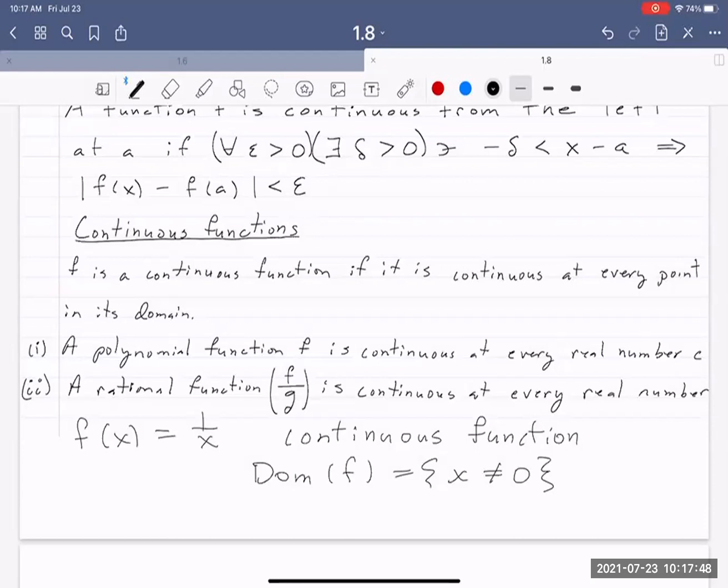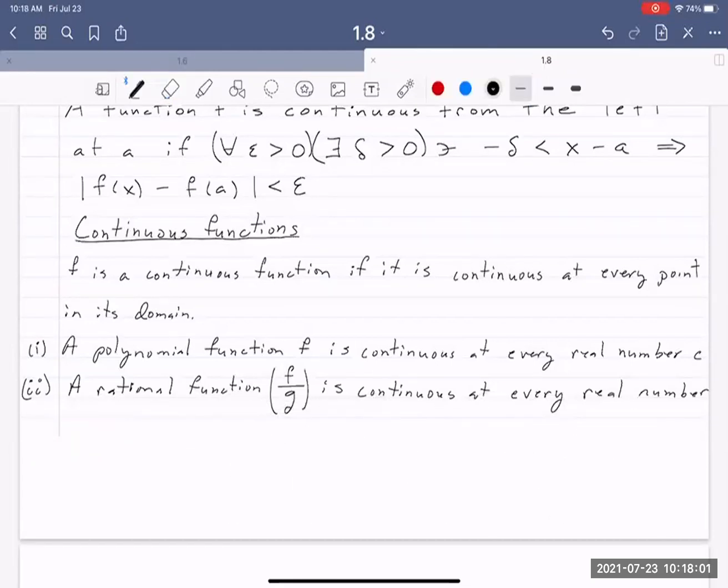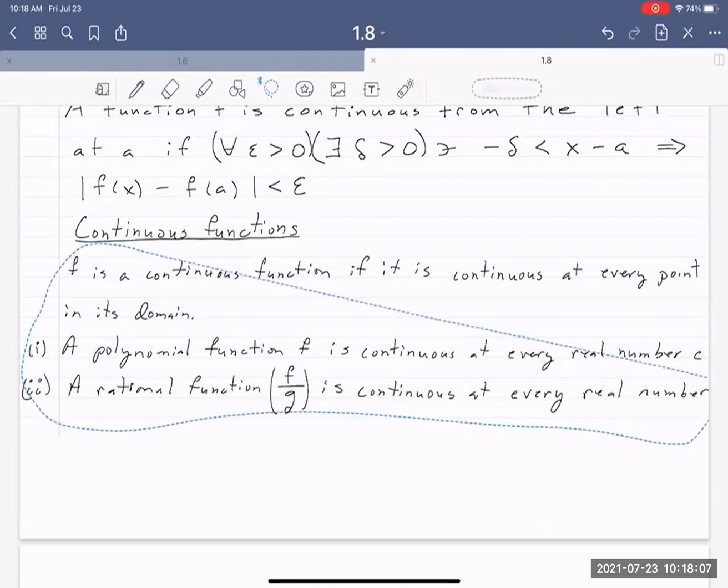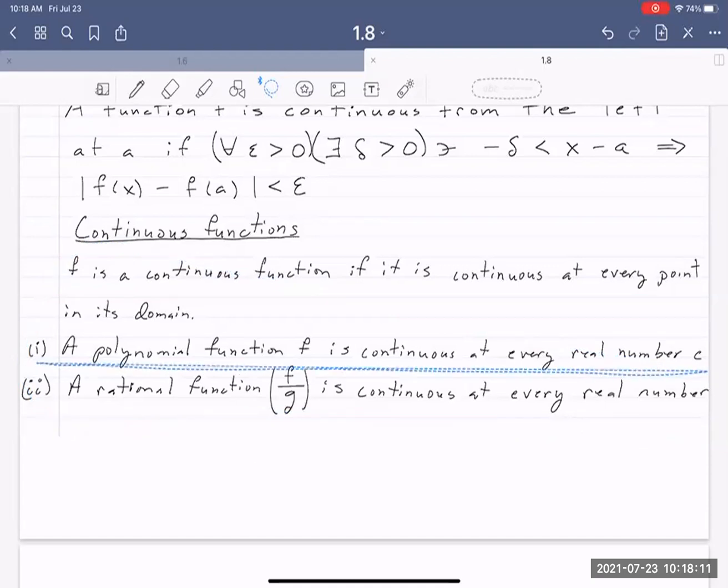That will tell you if it's a continuous function or not. And so f of x equaling 1 over x is a continuous function. So now, with this definition, the nice part is that basically everything that we look at is a continuous function.